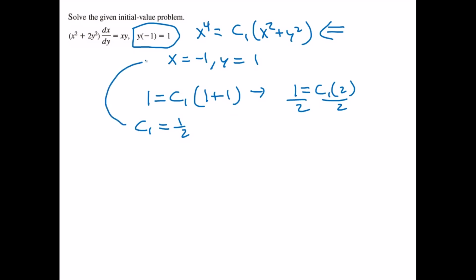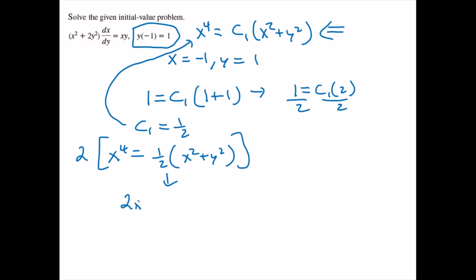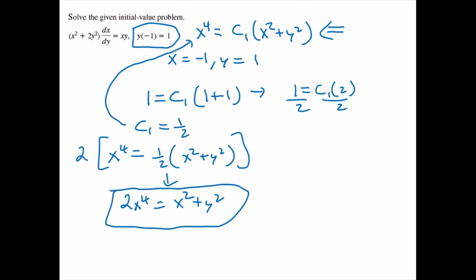So now we can substitute that into our general equation, giving us x to the 4th equals 1/2 times the quantity x squared plus y squared, and if we wish we can multiply both sides by 2, giving us 2x to the fourth equals x squared plus y squared. And so for this given initial value problem, we were able to use a substitution.